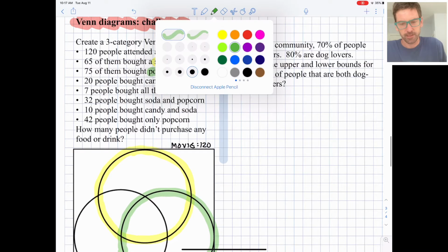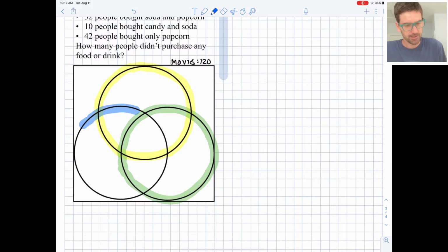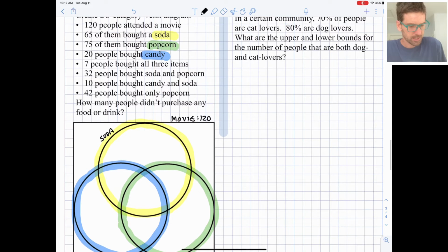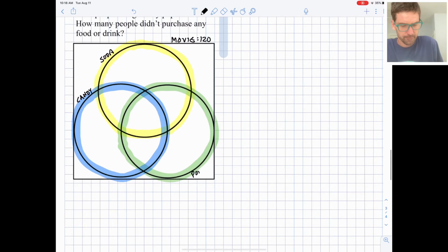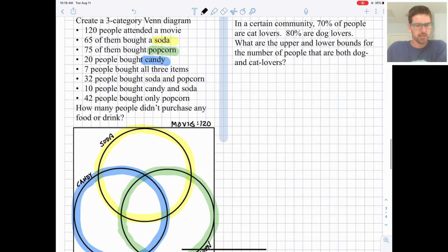And let's have candy be blue, how about? Okay. So that helps us kind of visualize what's going on. Let me just write those down. So this is soda, blue is candy, and green is popcorn. Okay, cool.